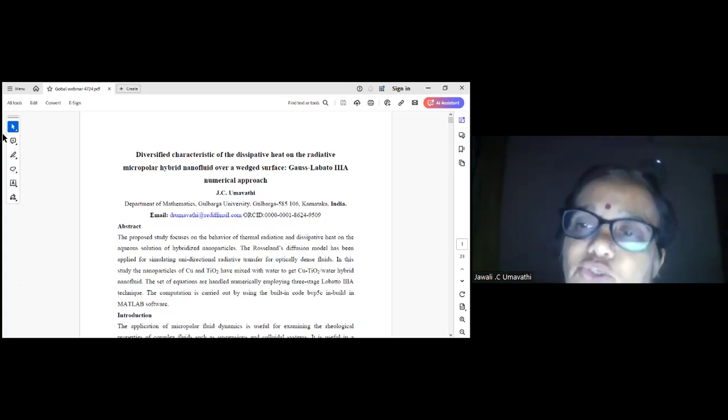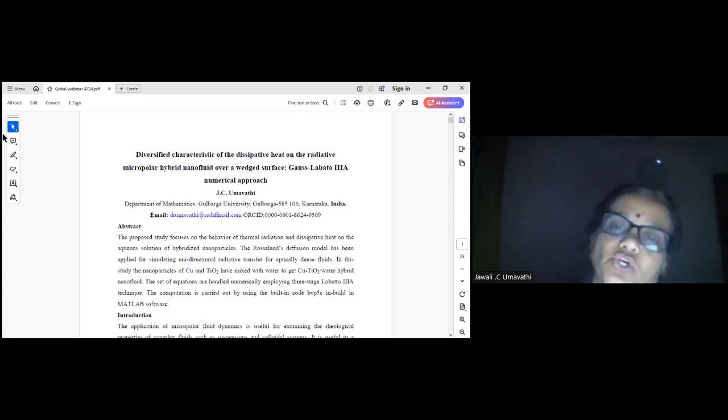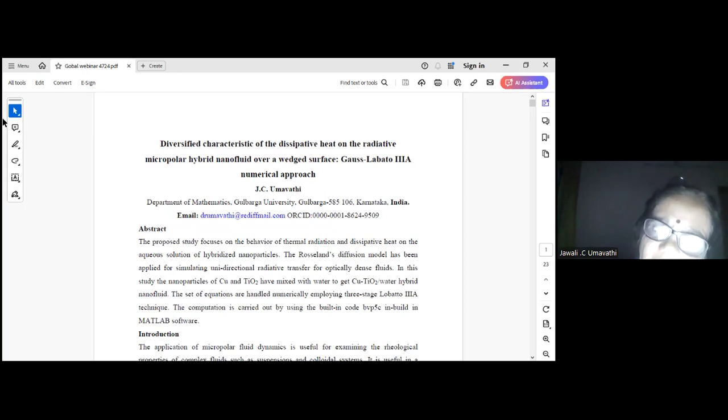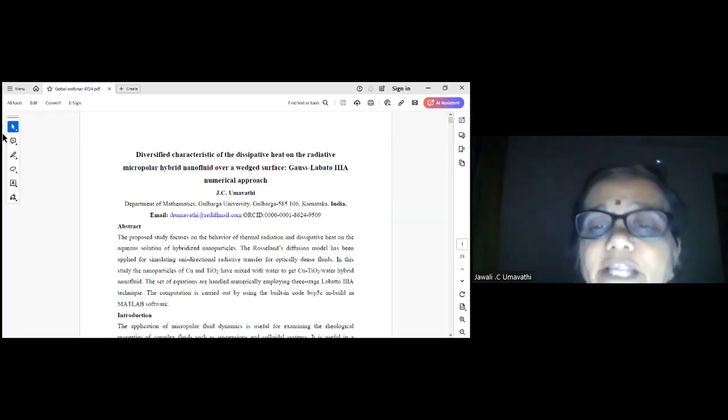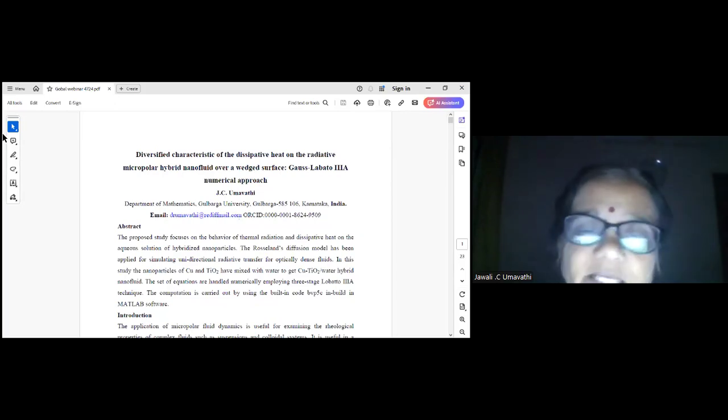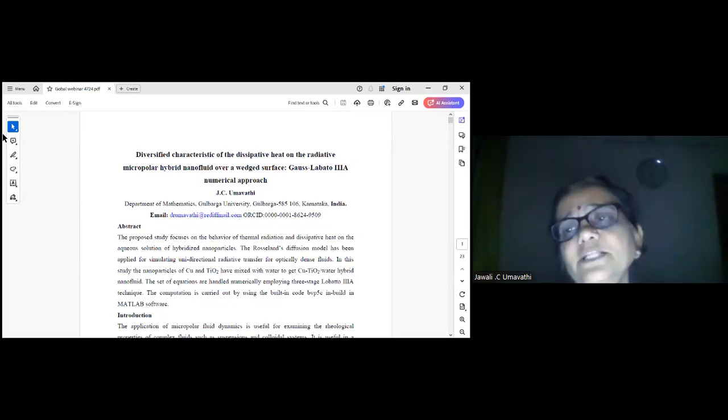This technique is being used in cancer treatments. Not only in cancer treatment, in the biomedical field we know how important nanoparticles are. They are used even in many therapies. It's an advanced technology.